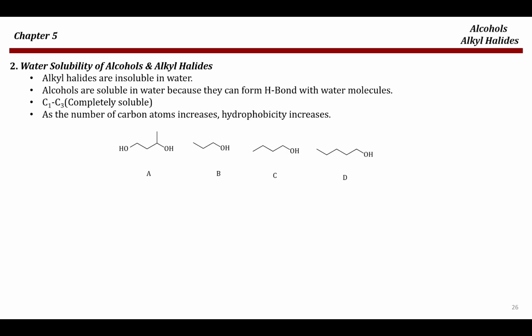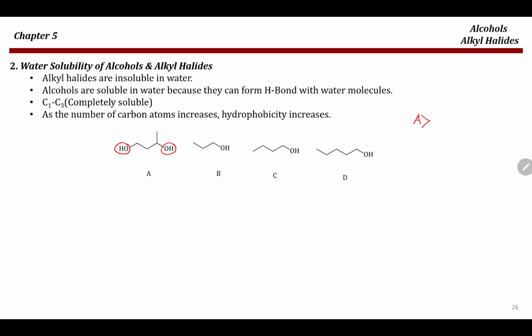So for example, if you are given these alcohols and asked to arrange them according to their water solubility, the first factor we should look at is the OH groups. Increasing the number of OH groups will for sure increase the solubility, because now you have more hydrogen bonds in the compound, and that's why A is expected to have the highest solubility.